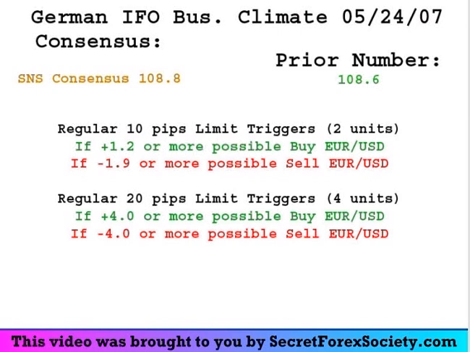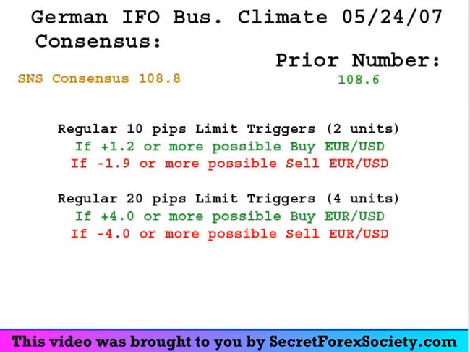So as you can see here, I have 2 levels of triggers set on the trade plan. Expectations is 108.8, prior at 108.6. Actually, I'm sorry, the record was set in December at 108.7.